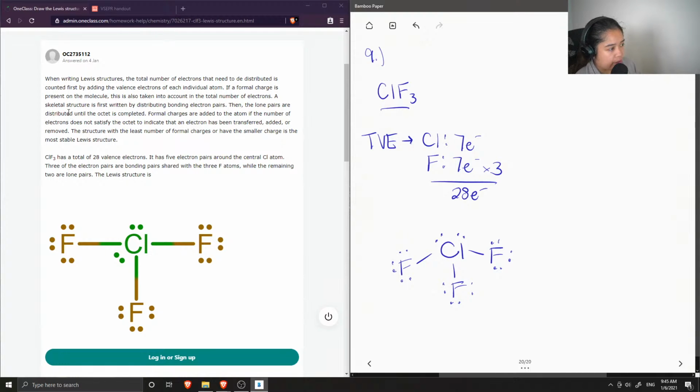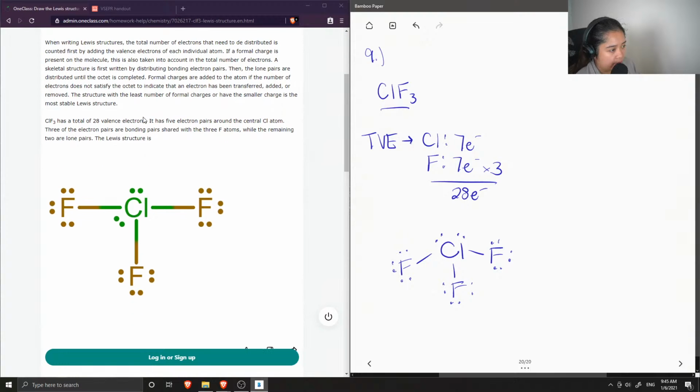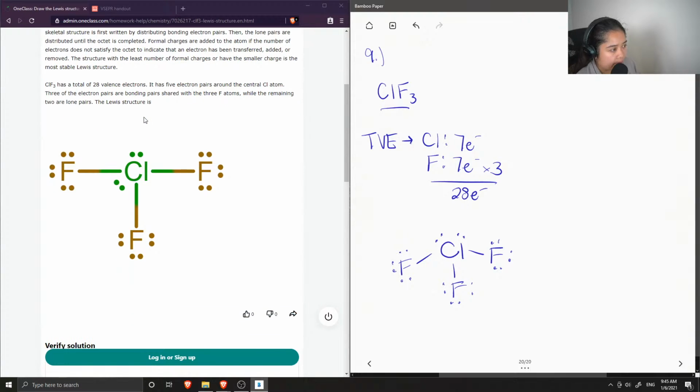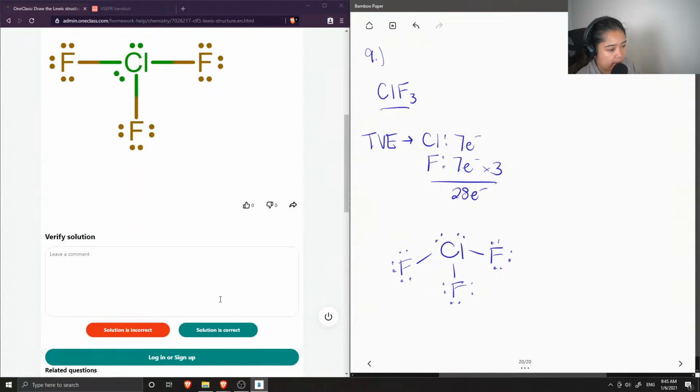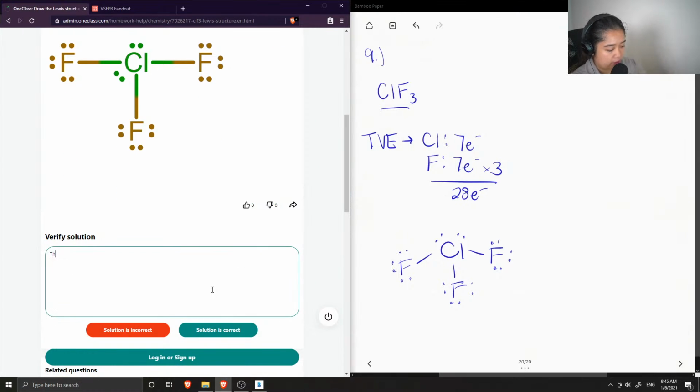A skeletal structure is written first by distributing bonding electron pairs, then they're distributed until the octet is completed. Okay, so they explain pretty well and have the following Lewis structure, which is correct. Okay, so this solution is correct.